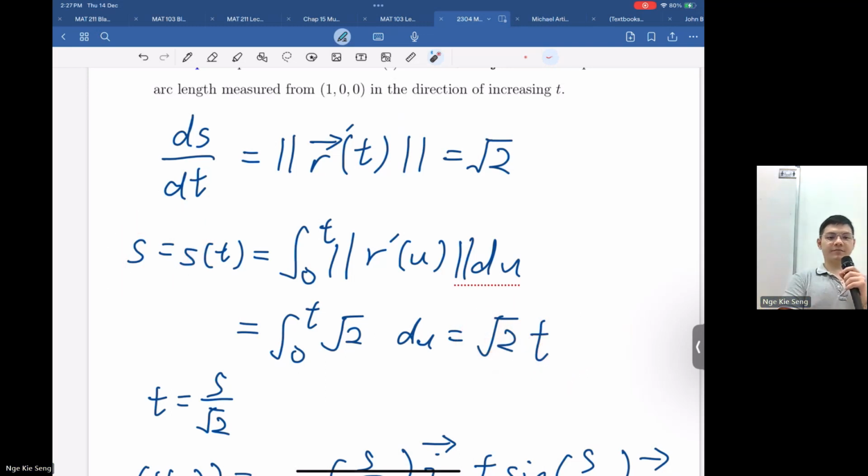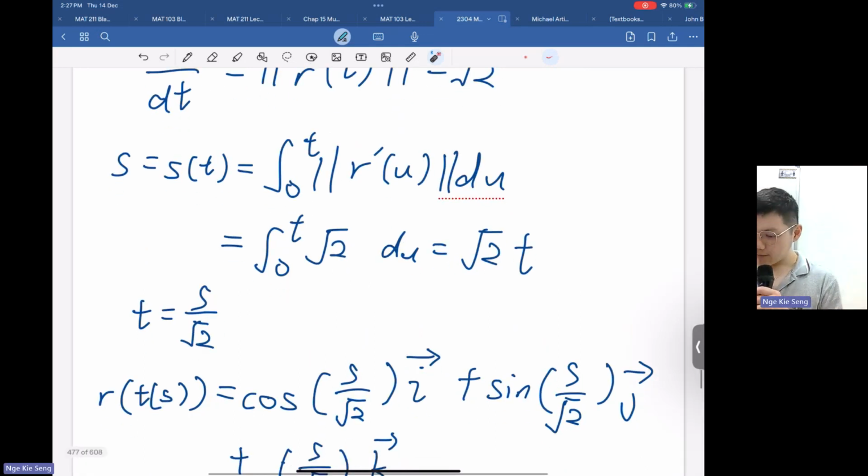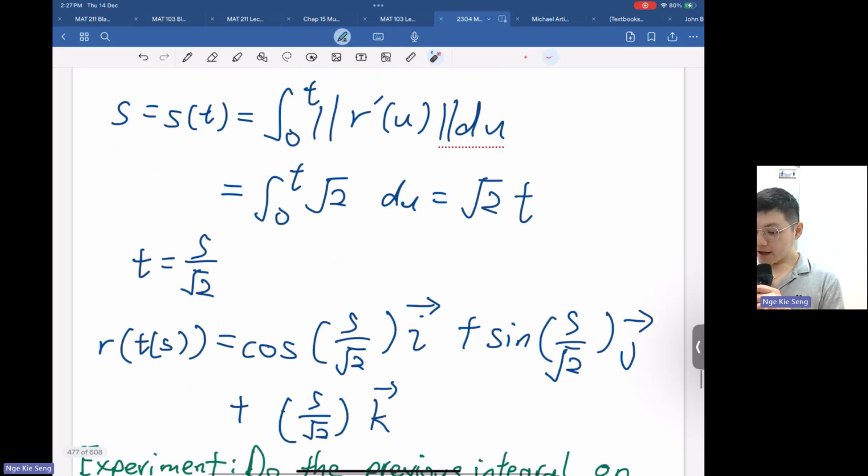So if I substitute t to be x over square root 2, then I will reduce my increase by the factor of 1 over square root 2. I claim that this is what we call the arc length reparameterization.